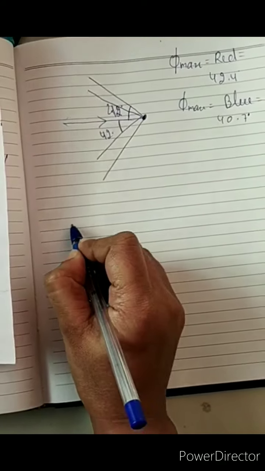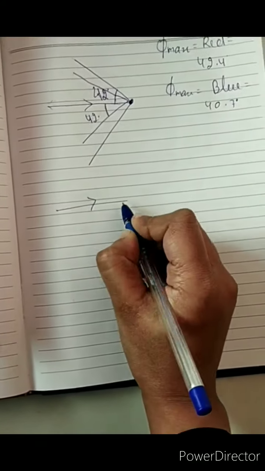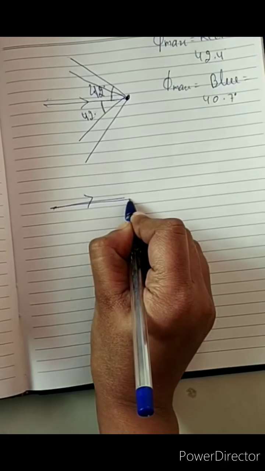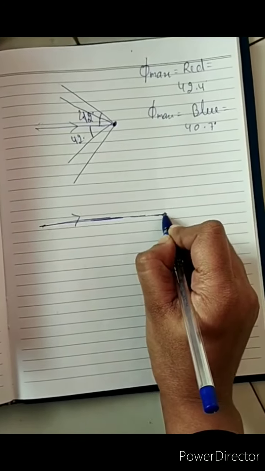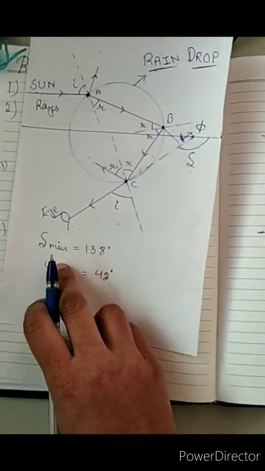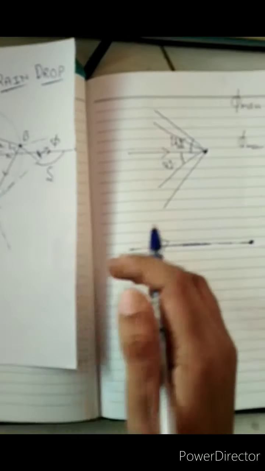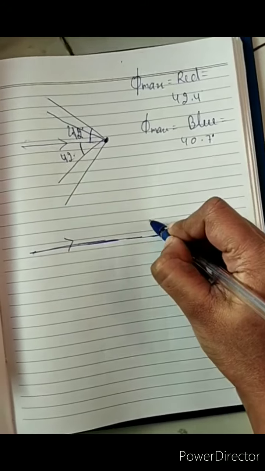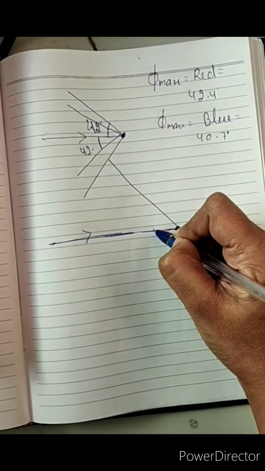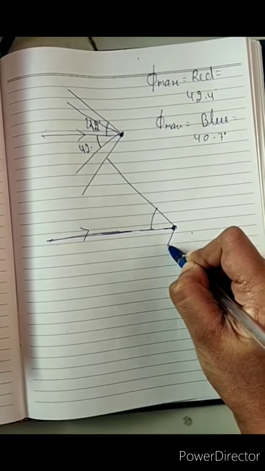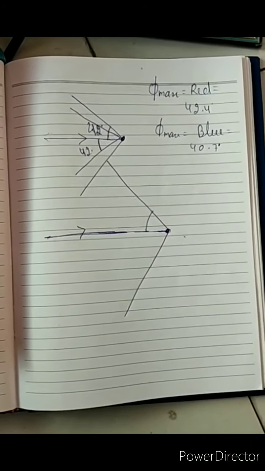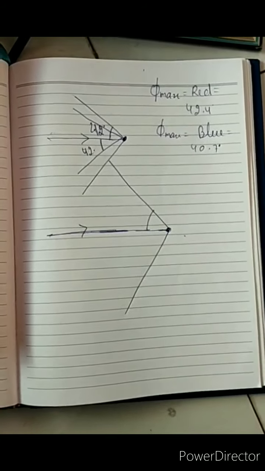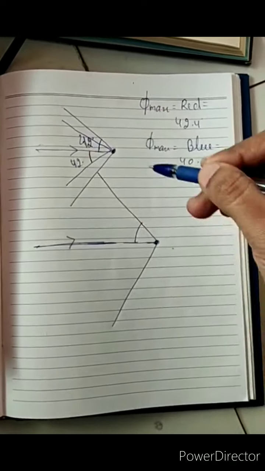Let's say this is our sunlight and this is our raindrop. So this is our crucial angle, that is 42 degrees. You have to look 42 degrees away from the sunlight so that you are able to see the rainbow. So this is in the form of a cone.